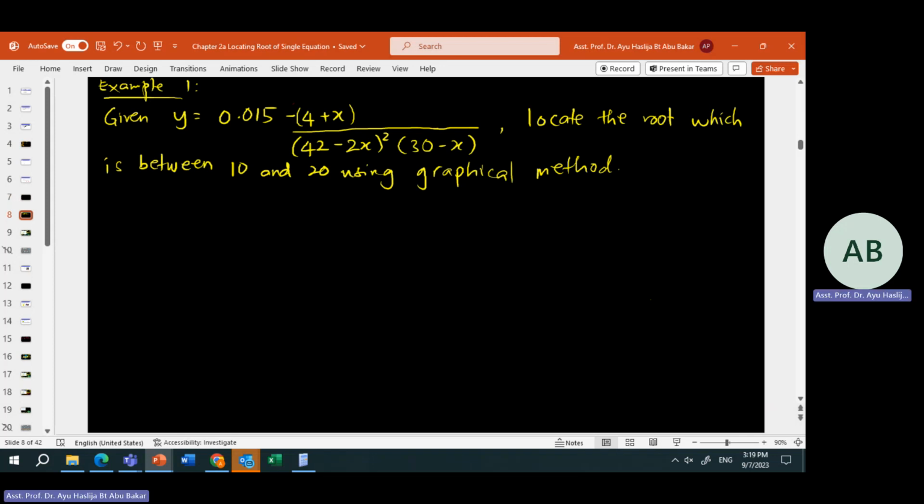Using this example, given this equation, it asks you to locate the root which is between 10 and 20 using the graphical method.